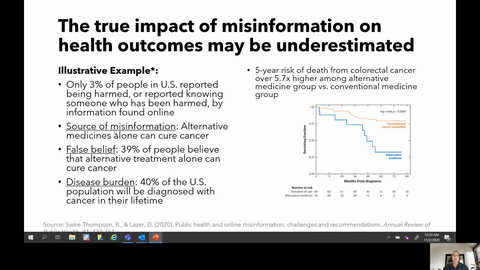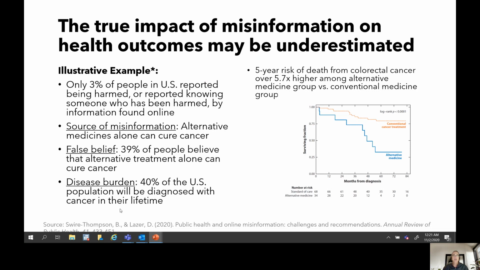And they give the example of alternative medicines alone curing cancer as a source of major misinformation that's been circulating for quite some time now, and that 39% of Americans believe that alternative treatment alone can cure cancer.